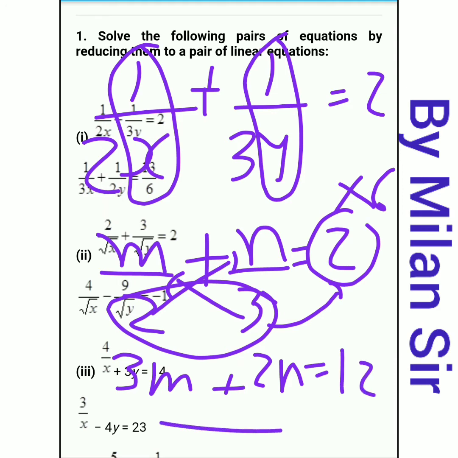This is our equation number 1. Otherwise, since the original equations are 1 and 2, here we can give number 3. So write down equation number 3: 3m plus 2n is equal to 12. Here we take the LCM on both sides, that's why we do not write the denominator.